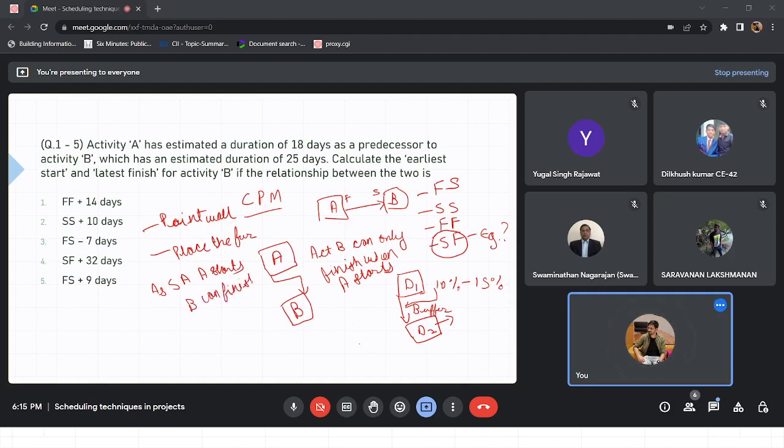So is there any example that you can think of where this kind of scenario happens? One activity can only finish when the other starts.